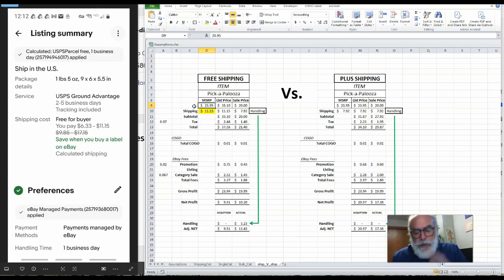Oftentimes that's a marketing tool to get people to feel like the MSRP is this, but we're offering it lower. Now, I'm just using MSRP as what they're suggesting is the retail price, right? That's the price you ultimately want to get for the item.